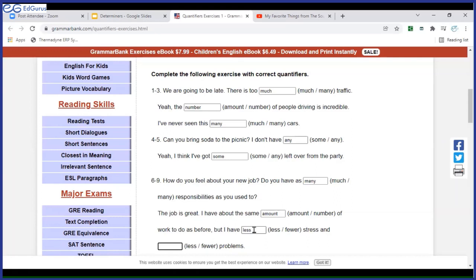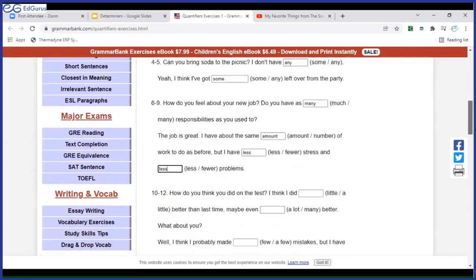No, ma'am. It is uncountable. So less is correct. Are problems countable? No, ma'am. You want to use less here? Yes, ma'am. Less. Okay. All right. Let's go to the next.